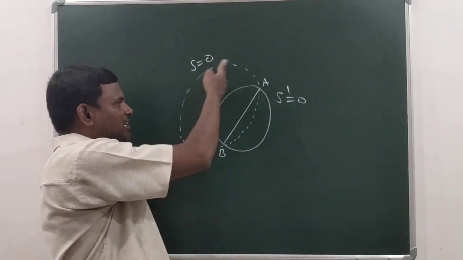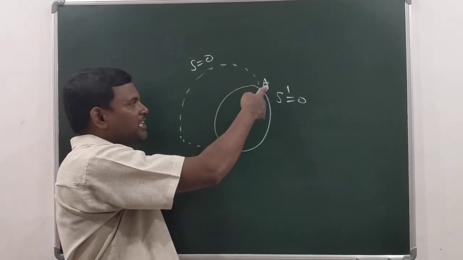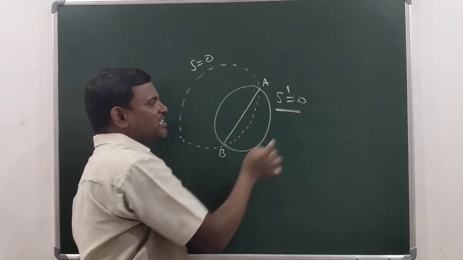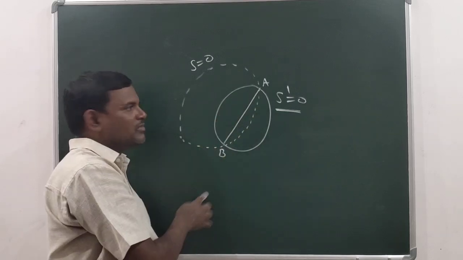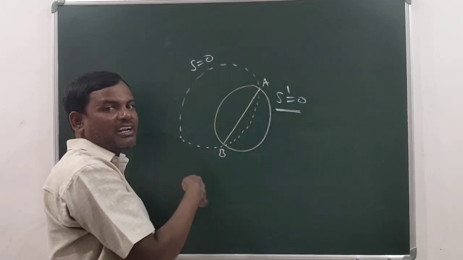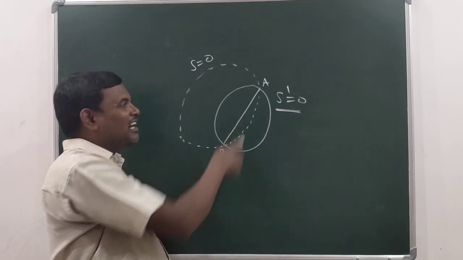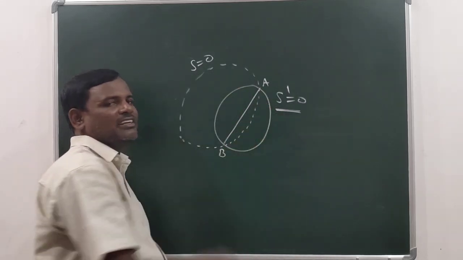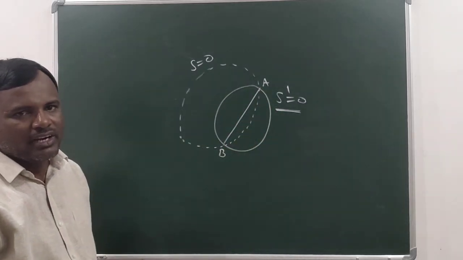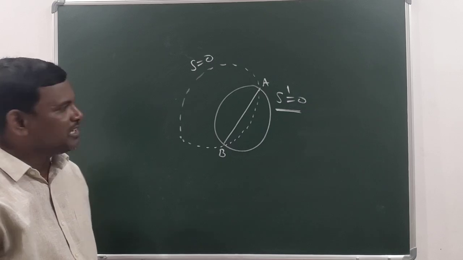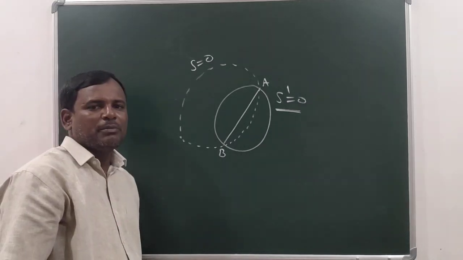If this dotted circle bisects the circumference of the second circle, then the common chord, meaning the radical axis, will be the diameter for the second circle. Remember this point.